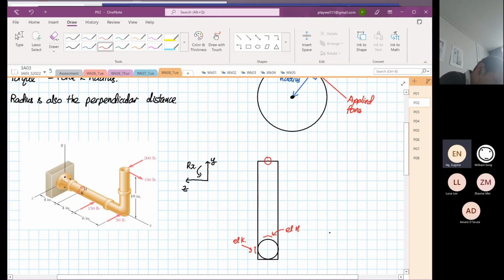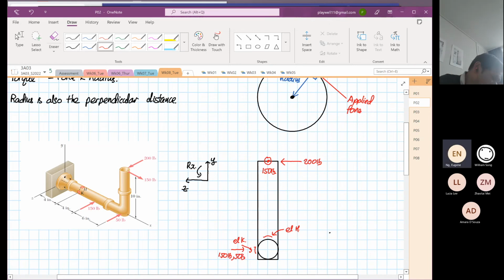We have a dot. The force is coming towards us at 150. We have a force coming down here at 200 pounds. And then we have two forces over here coming in at 150 pounds and 50 pounds.